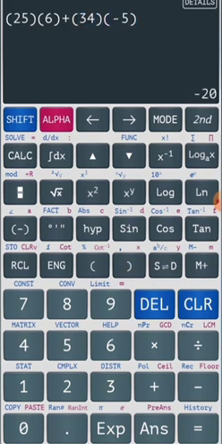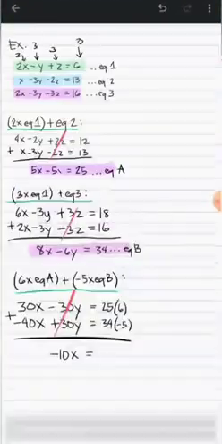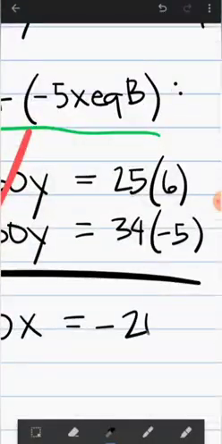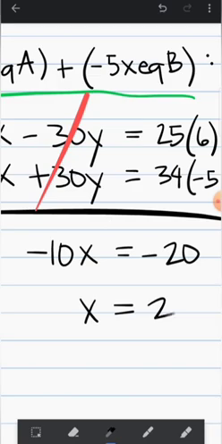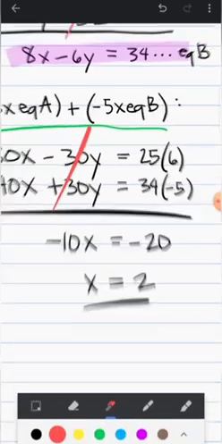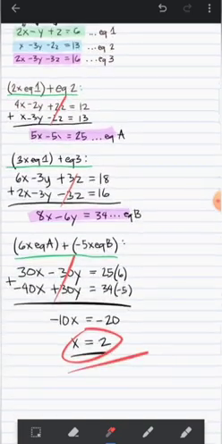That's the same. And so, this is negative 20 here. So if we divide both sides by negative 10, we should get x equals 2. So now, we get the value of x. And if the problem only asks for x, we're done.